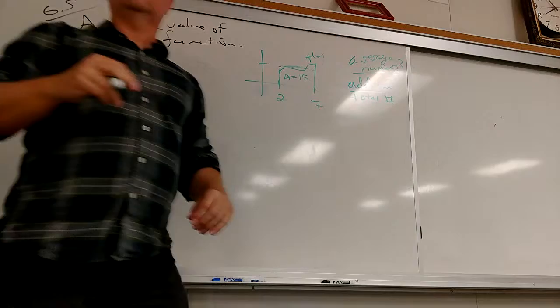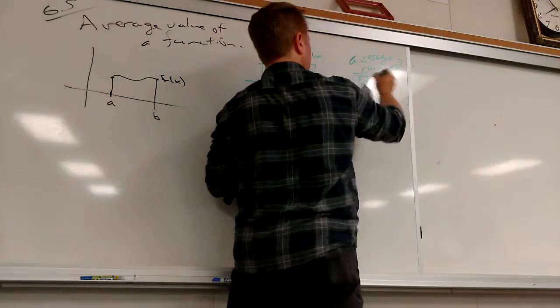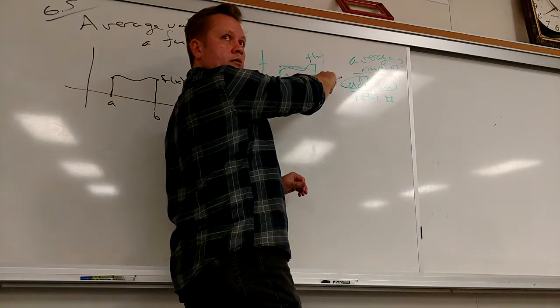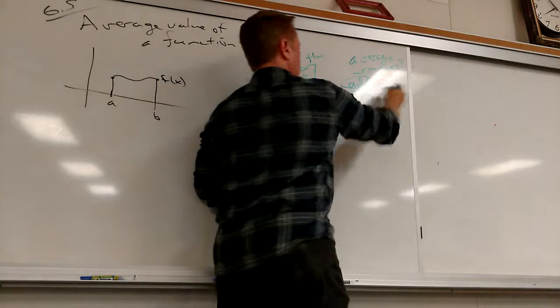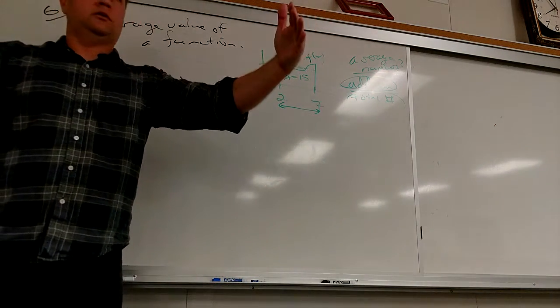So in calculus, this of course is the integral, which would be the area, divided by the total number, which would be the width. That's how far it ranges over.